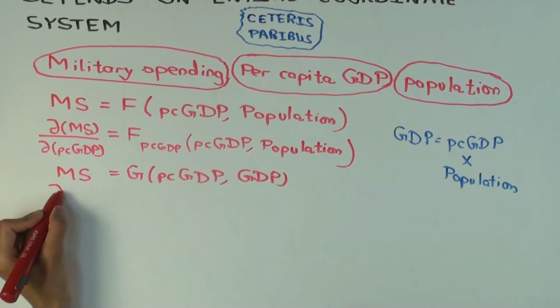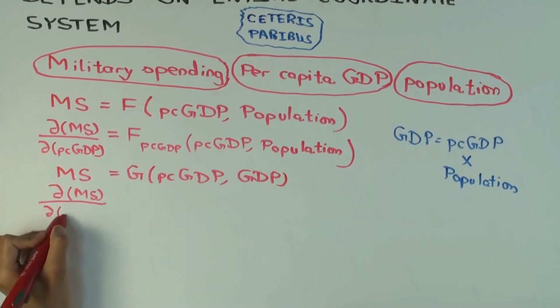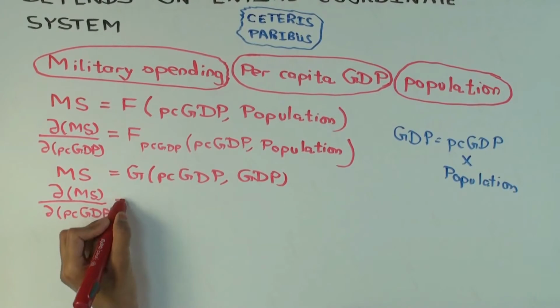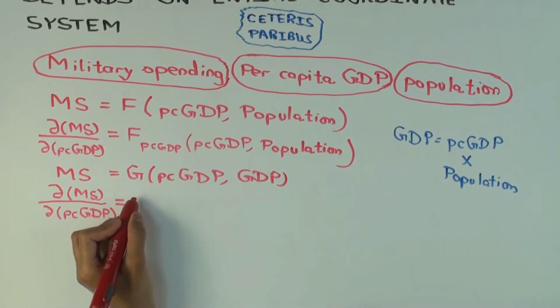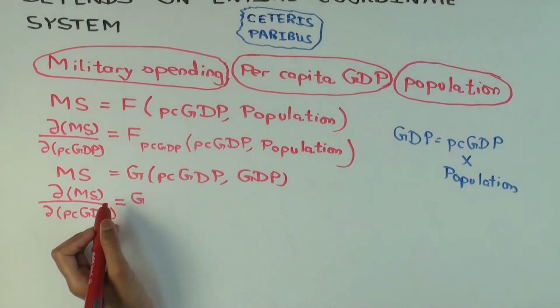So now if I ask you, what is the rate of change of military spending with respect to per capita GDP, ceteris paribus, what should you say? The partial derivative of F with respect to, well, F or G? Oh, G. When I said ceteris paribus, you should first ask, am I doing F or G?